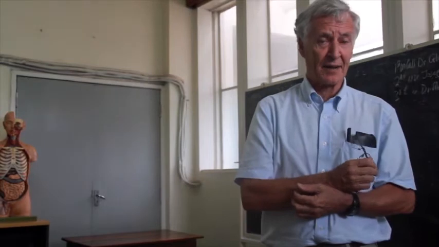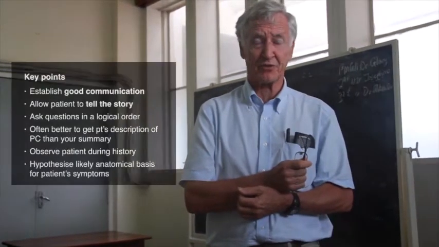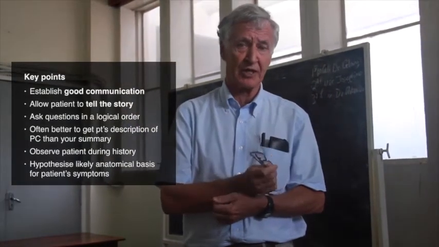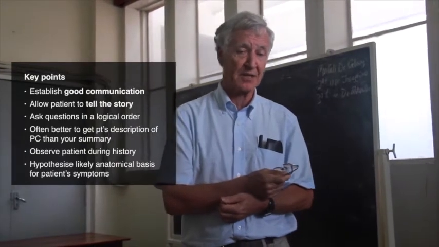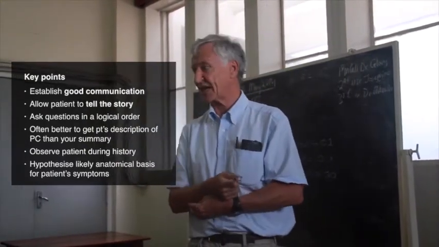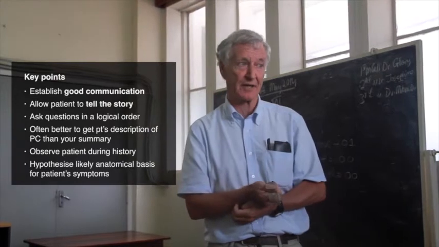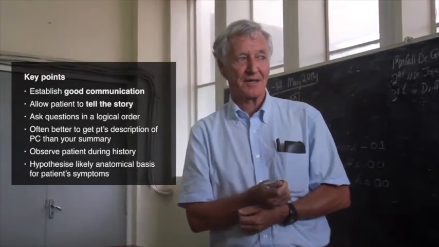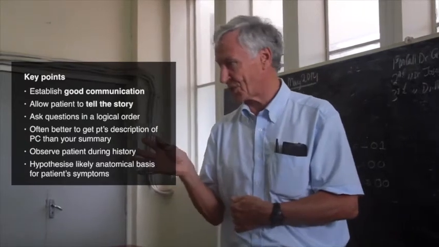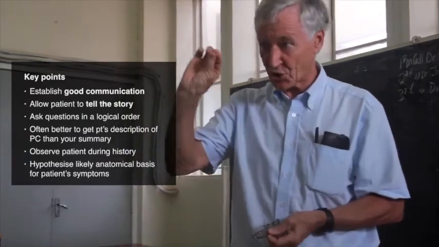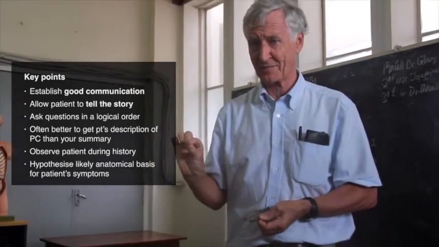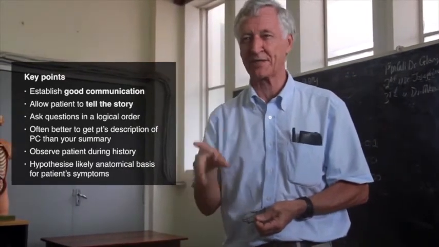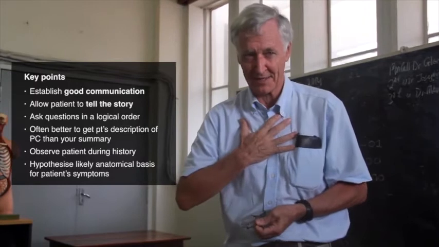More specifically then, I'm just reminding you about the key points of neurological history: establish good communication, allow the patient to tell the story, ask questions in a logical order, and listen to the answers. It's often better to get the patient's description of what is happening than your interpretation of it. And that's why I tend to write down what the patient says, rather than my interpretation.